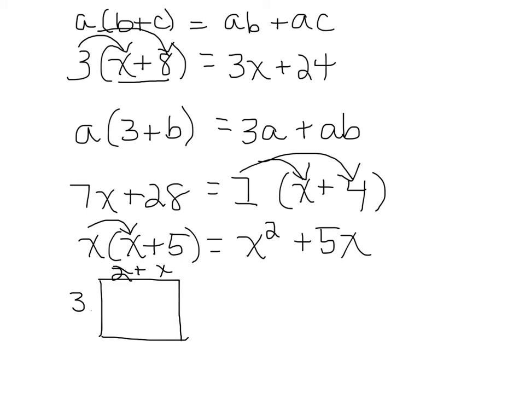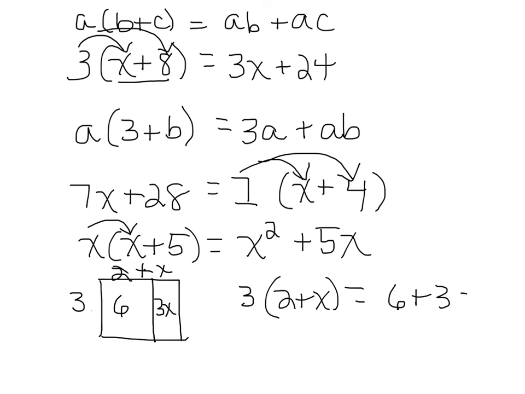If I say this part of it is x, then I can say that this part is 2, and I can see that the area of this part of the rectangle is 6, and the area here is 3x. So in other words, this is an illustration of 3 times (2 plus x) is equal to 6 plus 3x. You can see it in the rectangle too.